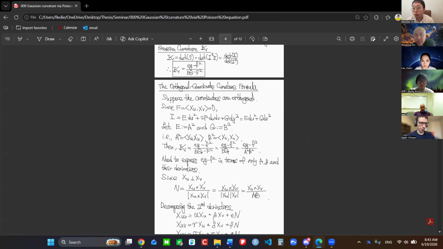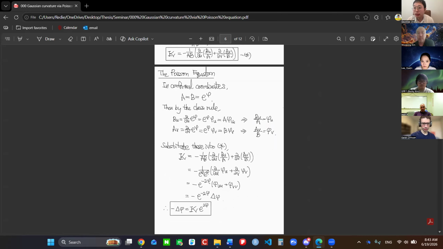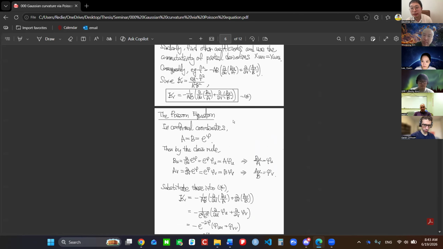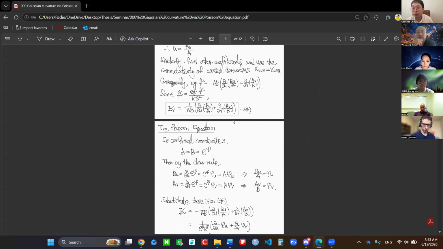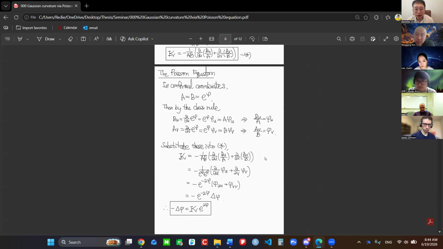Later, when we learn the language of Riemannian geometry, we will see the importance of the Gaussian curvature as realizations as the sectional curvature, the Ricci curvature, the scalar curvature, or in complex geometry as a holomorphic sectional curvature and so on. But for a moment, what Wu did is he derived a certain equation, as he pointed out, a Poisson equation.